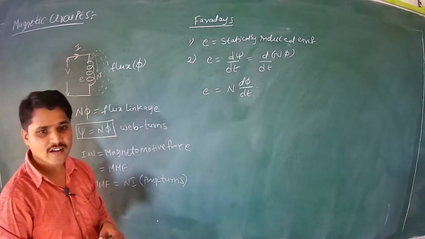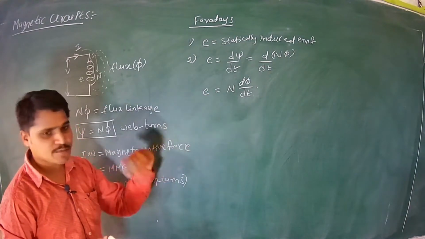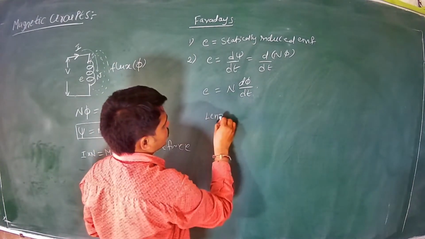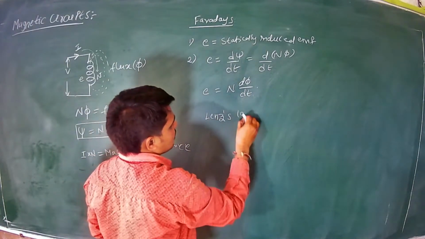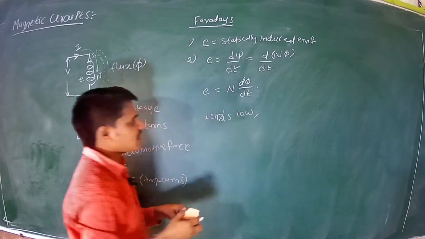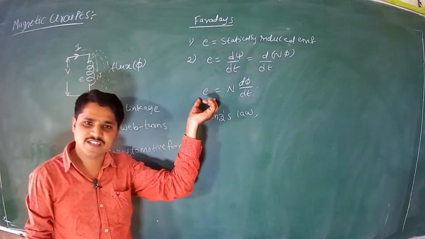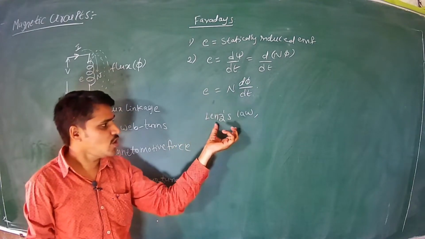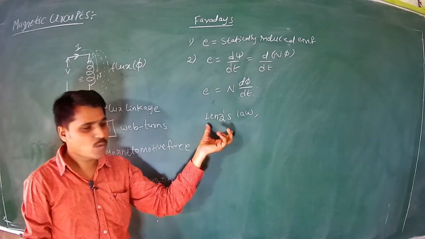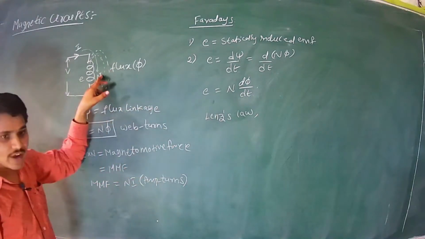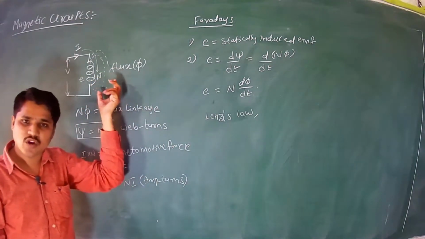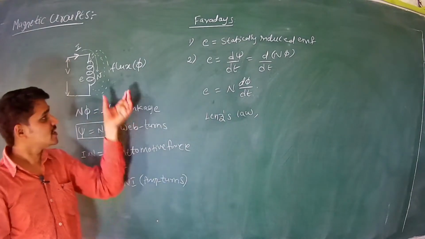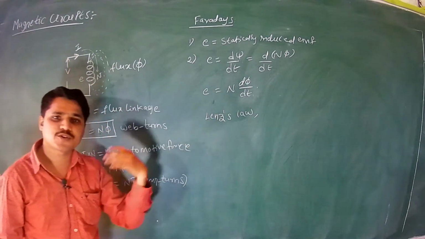Now, according to one principle called Lenz's law, the direction of this induced EMF can be found. Lenz's law states that whatever EMF is induced in this coil must oppose the cause producing it.